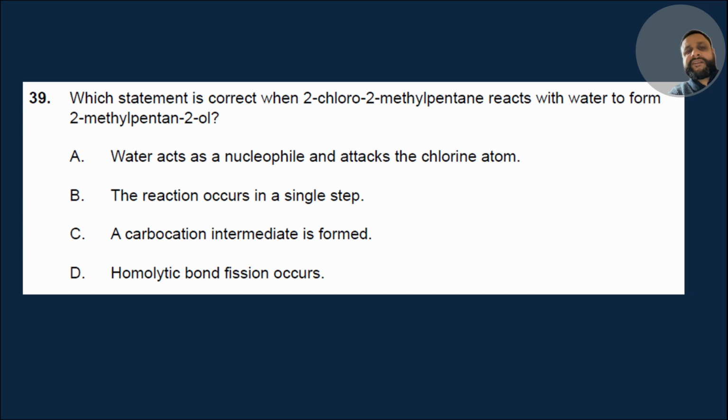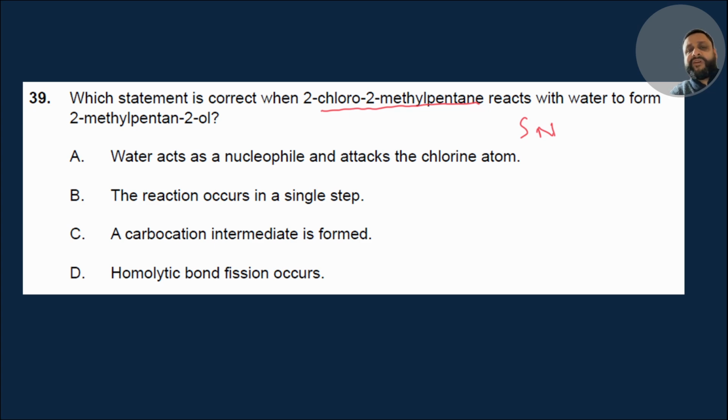Which statement is correct when 2-chloro-2-methylpentane reacts with water to form 2-methylpentan-2-ol? So we have a haloalkane given, and haloalkanes undergo SN reactions, nucleophilic substitution. Primary haloalkanes undergo SN2, and tertiary haloalkanes undergo SN1.